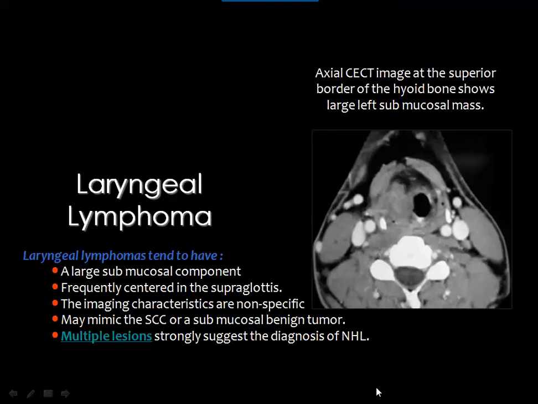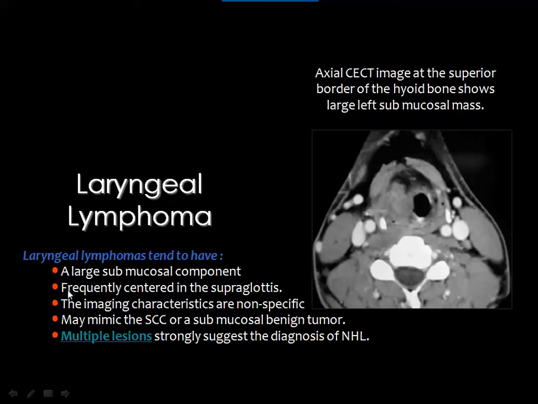Laryngeal lymphoma is also one of the tumors that can occur in the larynx, and the presence of multiple lesions is strongly suggestive of lymphoma rather than carcinoma, as you know. I mean, if you see multiple masses in the larynx, one on the left side, another mass on the right side, on the opposite side, then you think of laryngeal lymphoma.